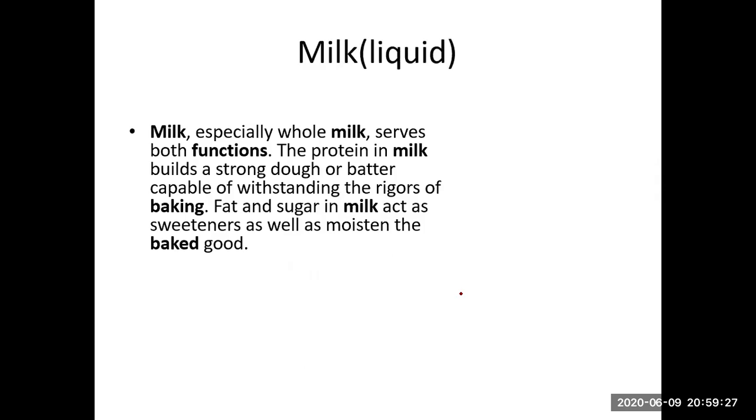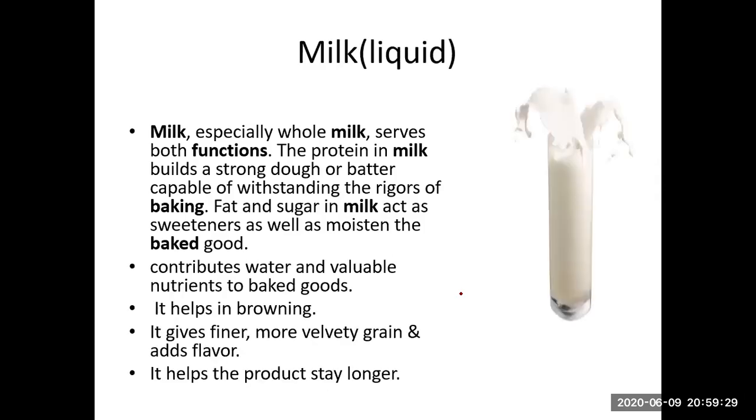Our last one is milk. Actually, we use two kinds of milk in our baking: one is liquid and another is milk powder. Milk powder absorbs moisture, and whenever you add milk powder to a product, you have to use less flour.